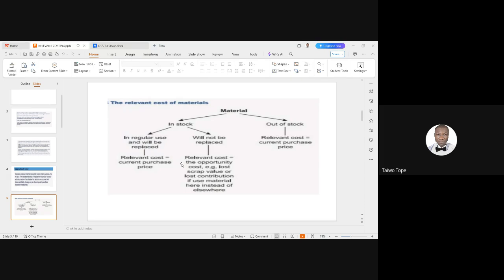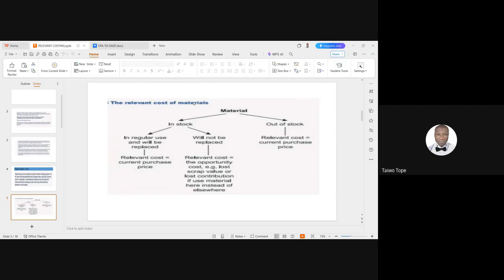So if the material is not in constant use, you can ask yourself another question. Is there an alternative use for that material? If yes, there is an alternative use, the relevant cost will be the opportunity cost.